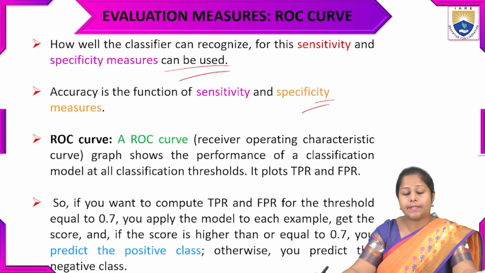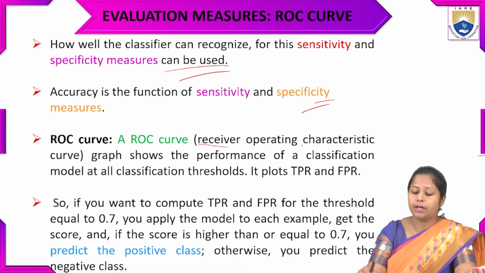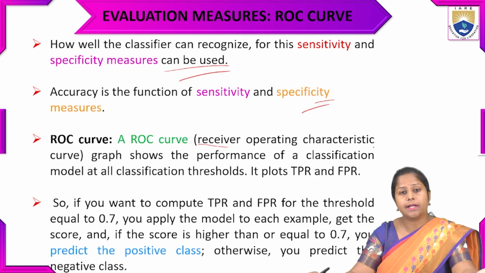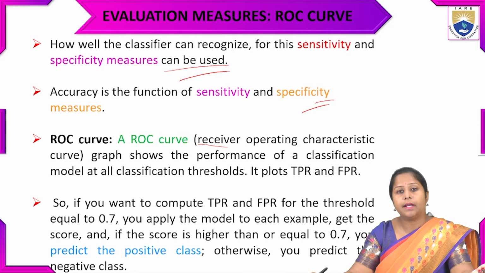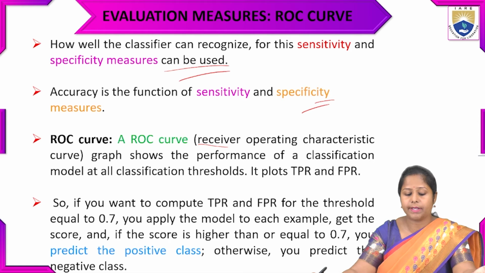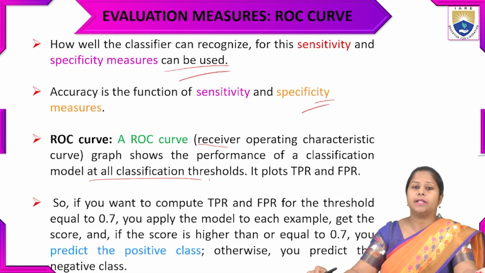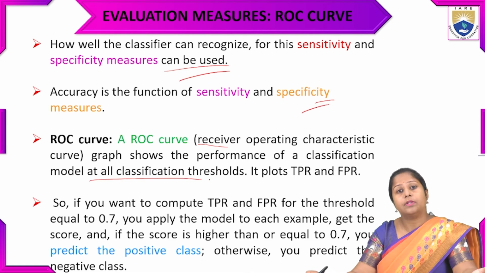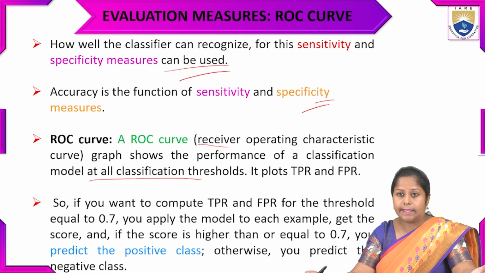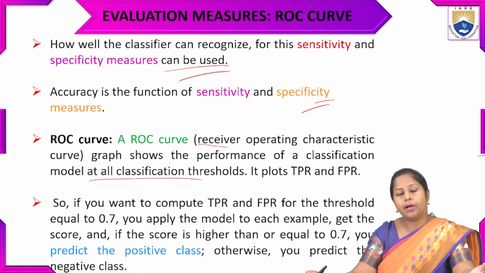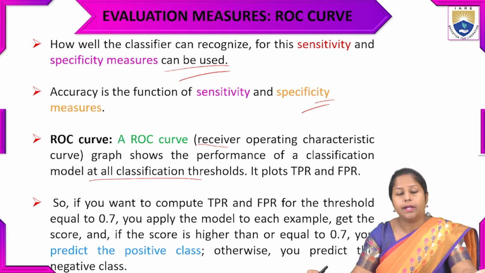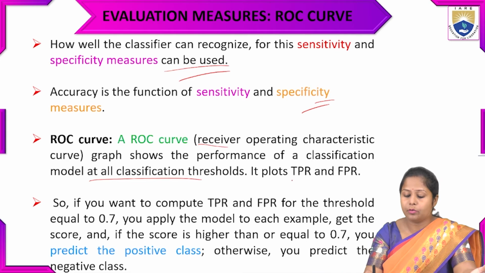The ROC curve is the receiver operating characteristics curve, a graph that shows the performance of a classification model at all classification thresholds. Several thresholds are used to plot the ROC curve. It plots the true positive rate against the false positive rate.